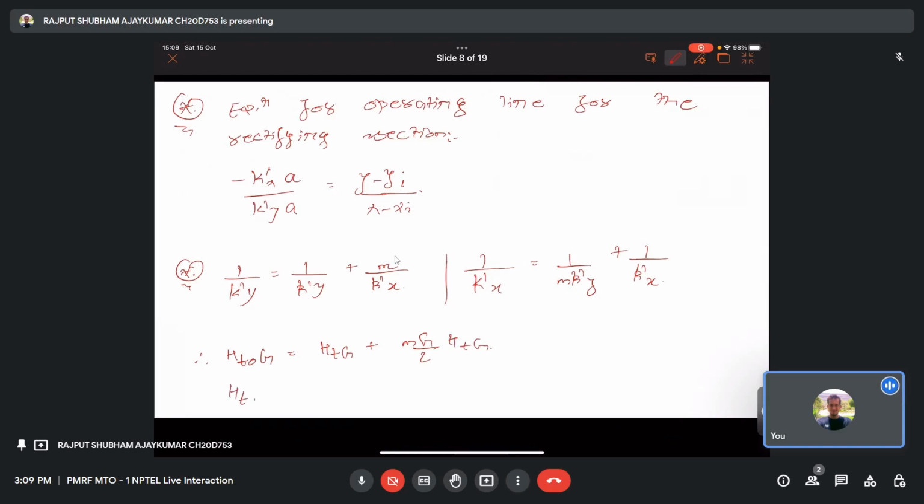Similarly, the height of the overall liquid transfer unit can be written as HTL plus L upon mG, the slope of the operating line, into HTG.